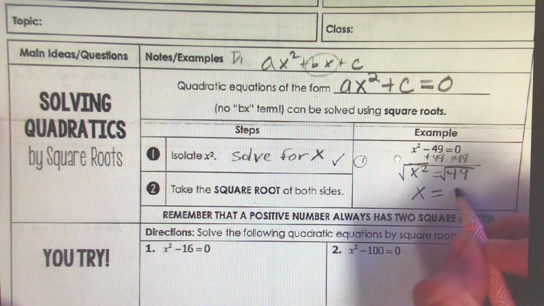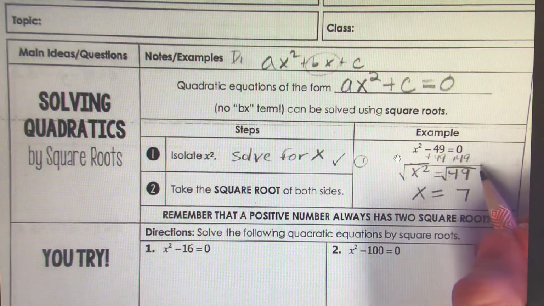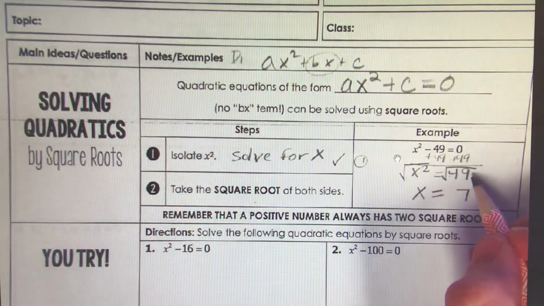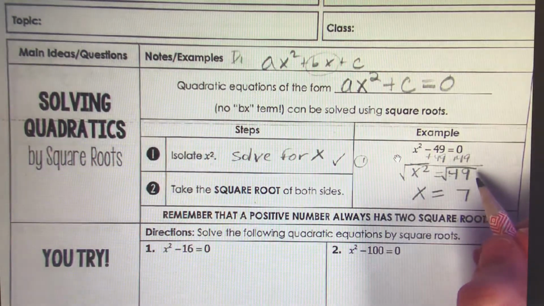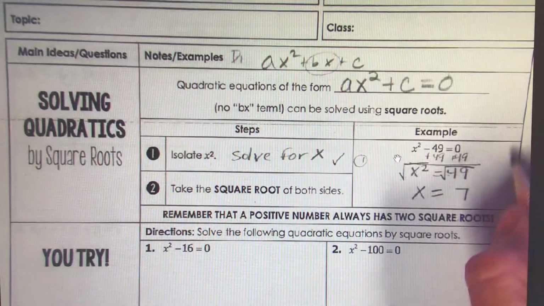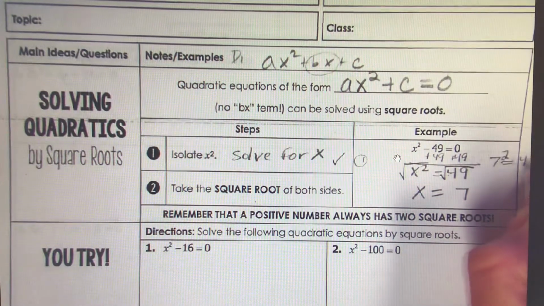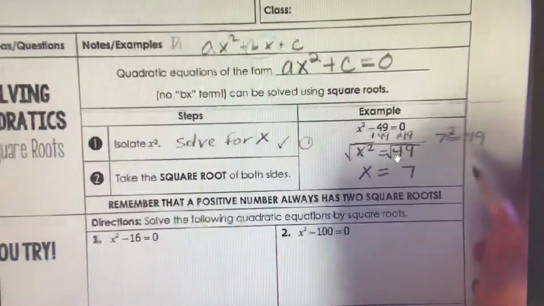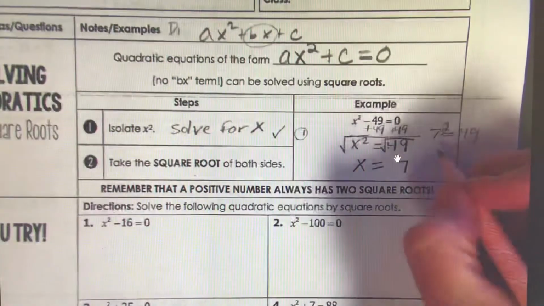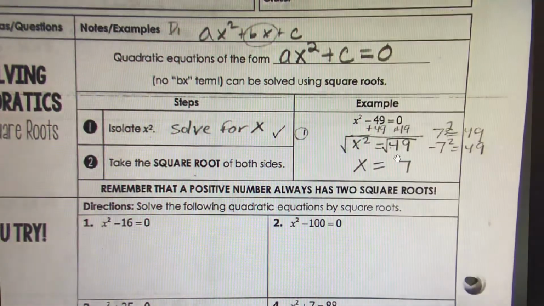Well, it is 7. Now, this is where it can be a little tricky because 49 actually has 2 square roots, meaning 7 squared equals 49, and so does negative 7. So negative 7 squared is also equal to 49.